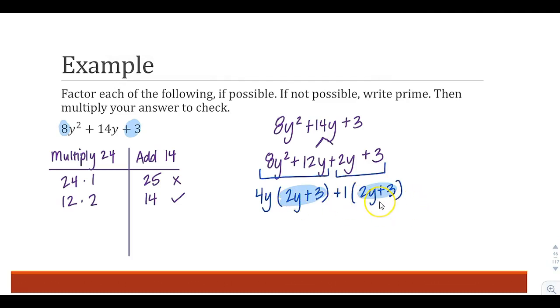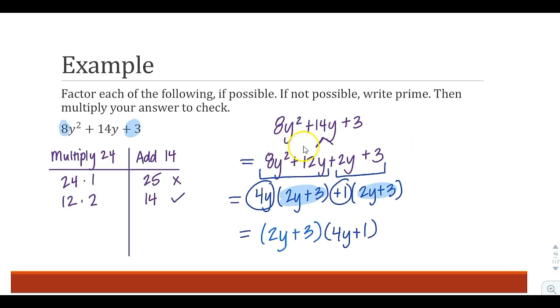So since it's in common in both, I'm going to go ahead and factor it out. So 2y plus 3, and then what's left over is the 4y plus 1. So this original trinomial is equal to 2y plus 3, has to be in parentheses, times parentheses 4y plus 1.